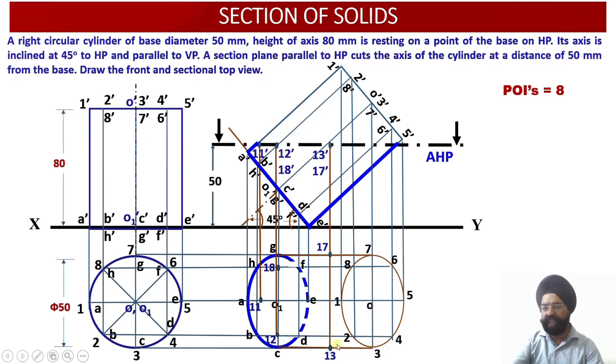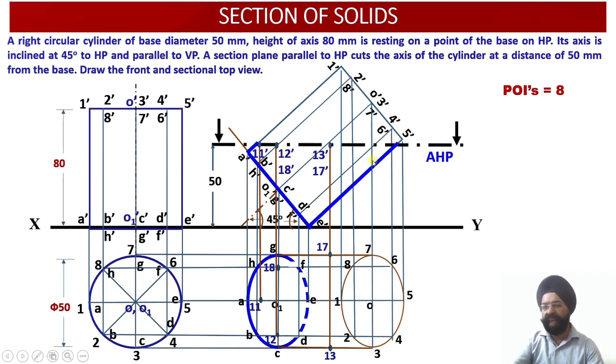So please check 3C. 3C lies here. 13 dash was the point of intersection of the cutting plane with the generator 3 dash and C dash. I am bringing this point down. Wherever it intersects 3C, I get the point over here as 13. So the plan corresponding to the point 13 dash will lie on the 3C generator.